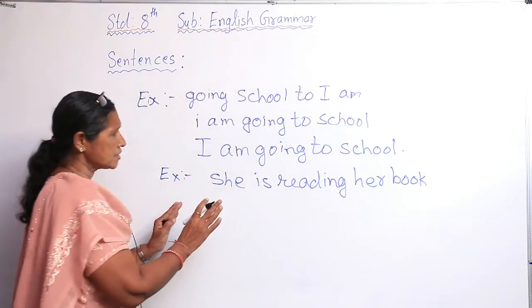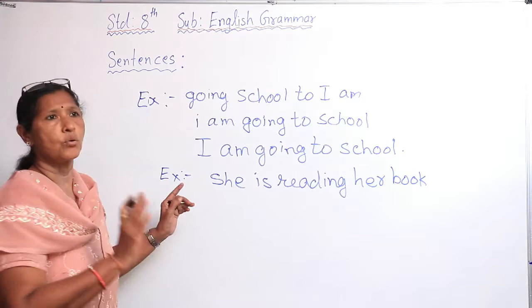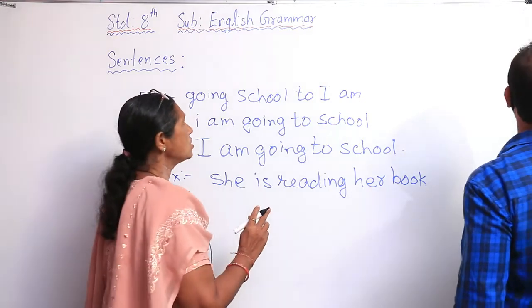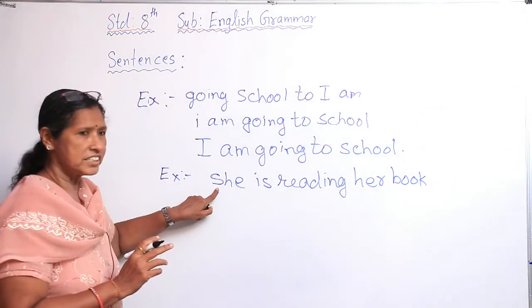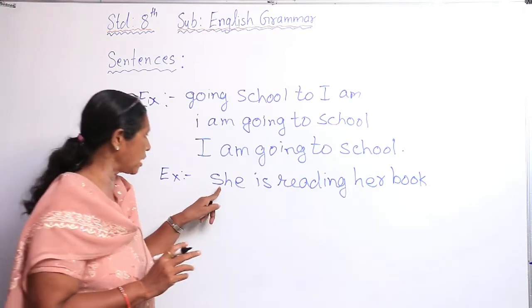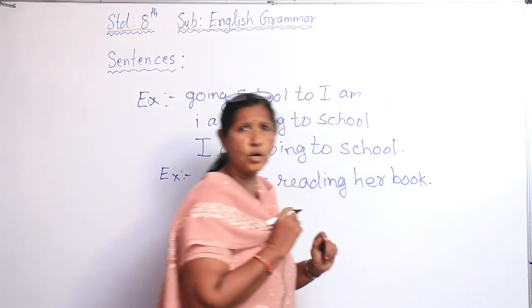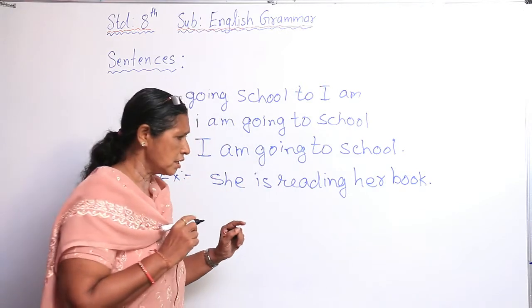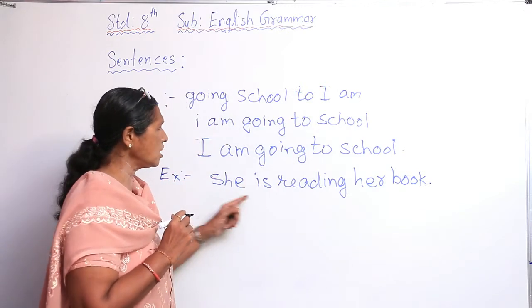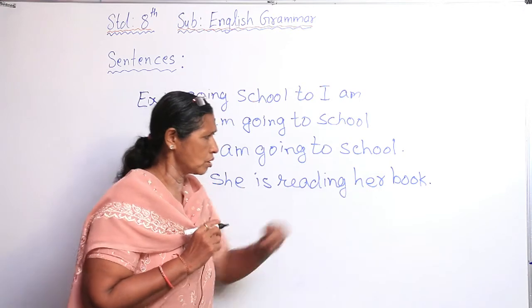Is this sentence right? Yes. Why is it right? Because here in She I have put capital letter S and after book I have put a full stop. So this is right. She is reading her book.